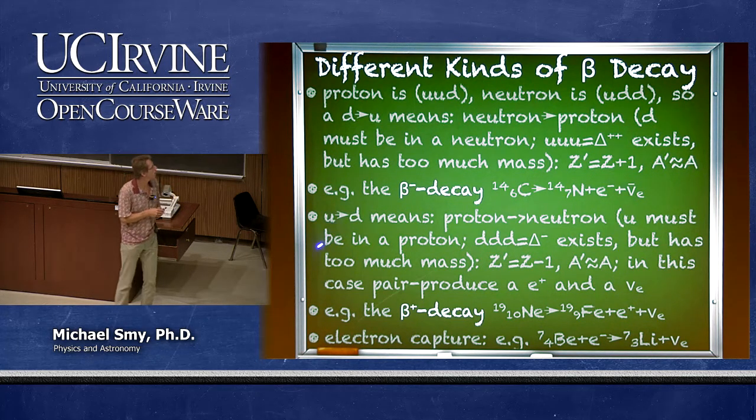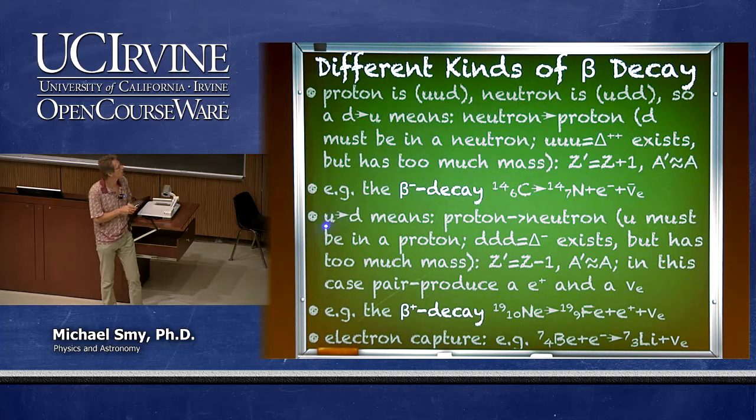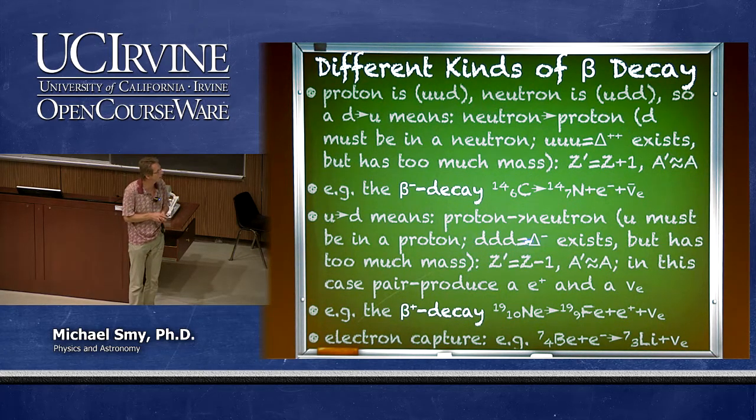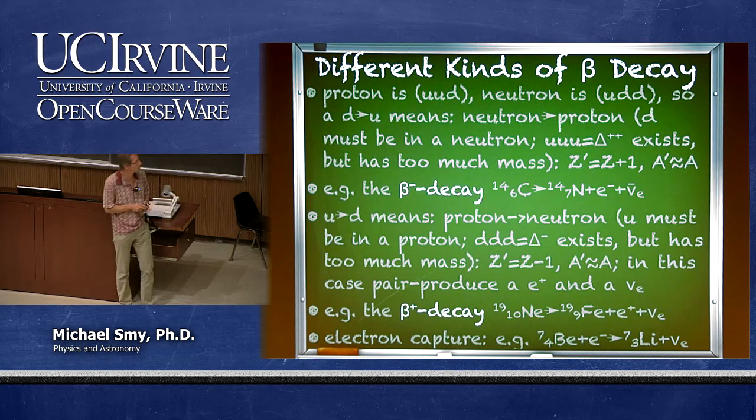The opposite can also happen. So you can transform an up quark into a down quark, and that means that a proton turns into a neutron. You can also, even with that process, go the other way, but then the resulting particle, the DDD, which is a delta minus, also has a different spin and too much mass for this to be possible for nuclear processes.